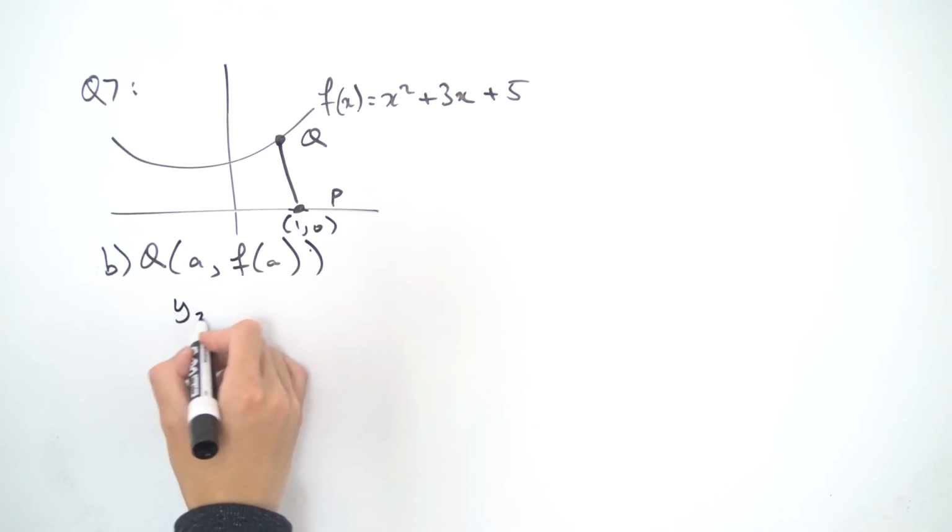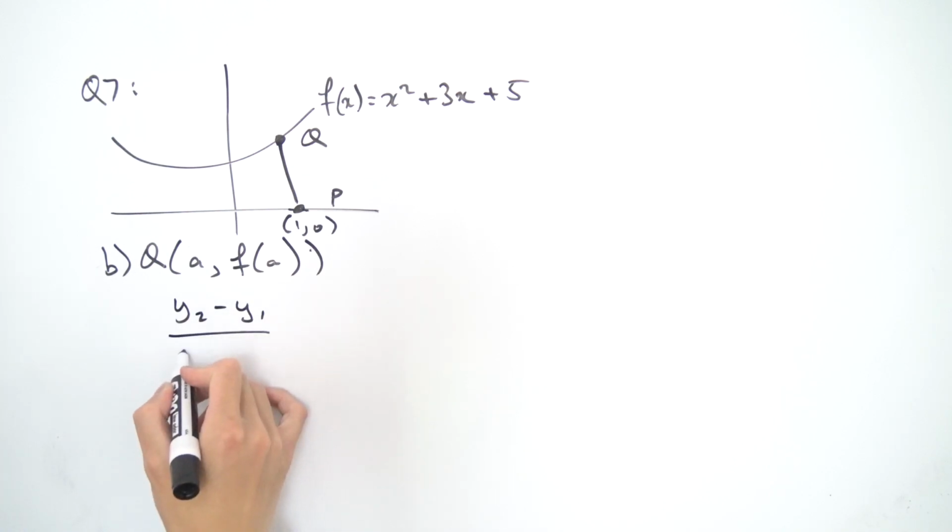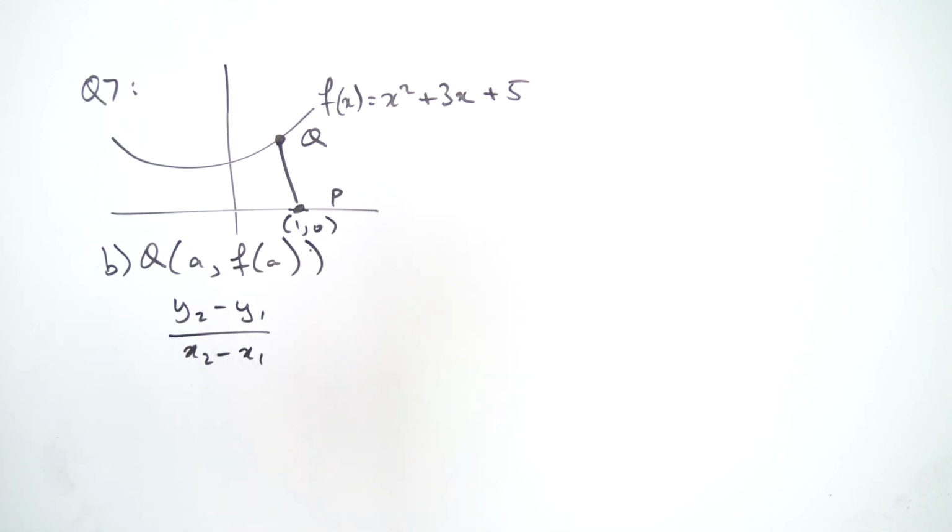So y2 minus y1 over x2 minus x1. Let's call the second point P and the first point Q. So we have yp, xp, yq, xq.